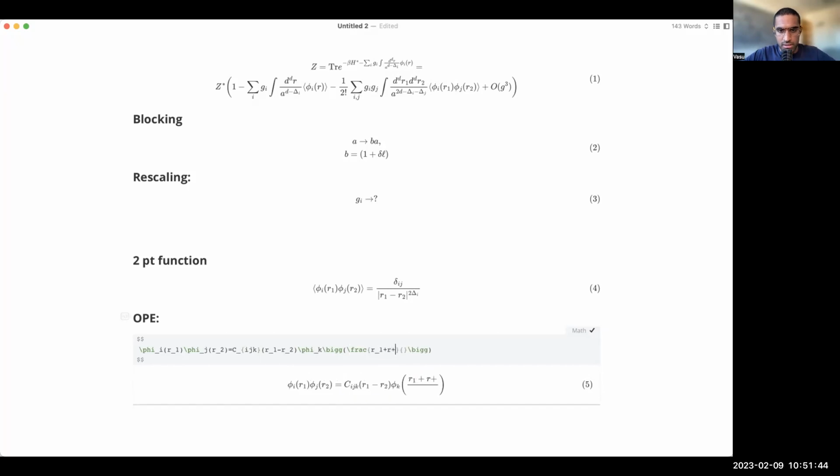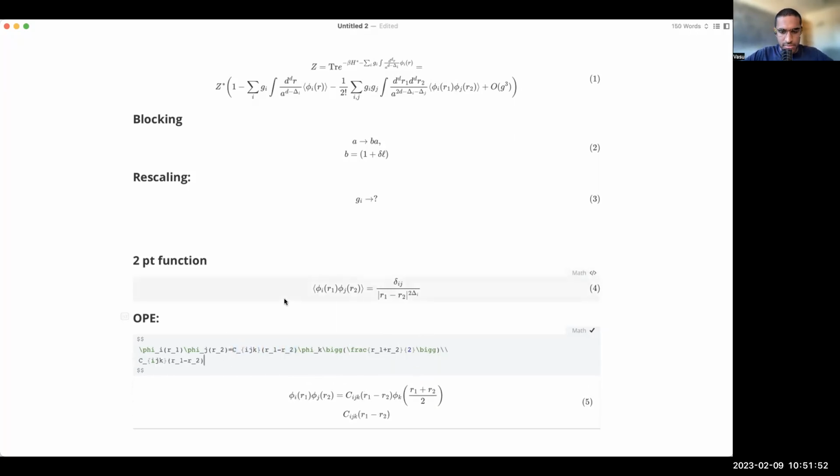R1 plus R2 divided by 2. Okay. And what this object is, at least for primary fields to leading order, the singular part is going to be set by the 3-point function coefficients. And here we're just going to have the separation.